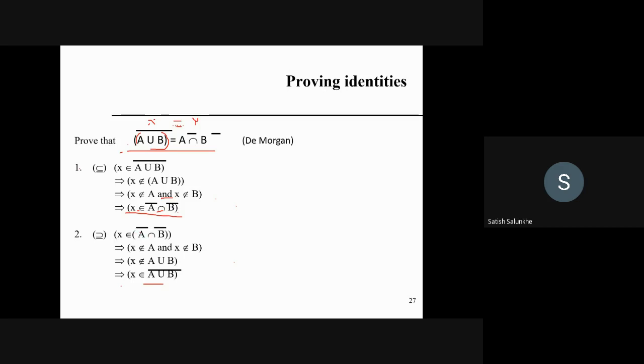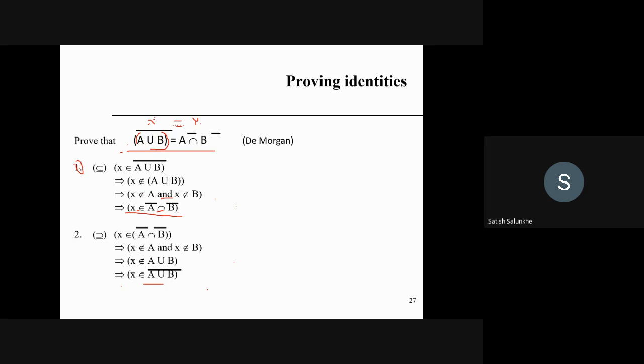X does not belong to A and X does not belong to B. So X does not belong to A union B. So X belongs to A union B complement. So from this, we came to know Y is a subset of X. And from this, we came to know X is a subset of Y. Therefore, from 1 and 2, we claim X is equal to Y.